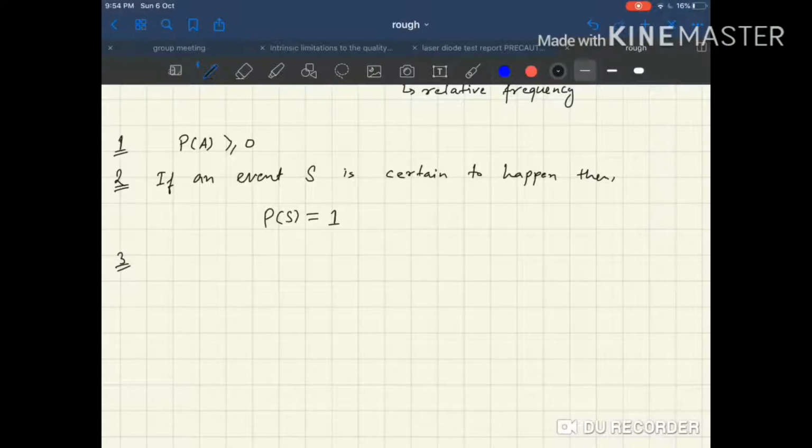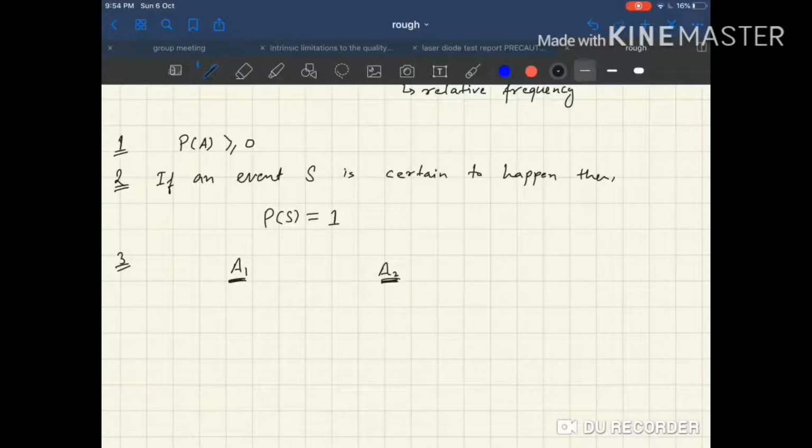Okay, now if A1 and A2 are mutually exclusive events, that is, the occurrence of one, say A1, guarantees that the other, A2, does not occur.